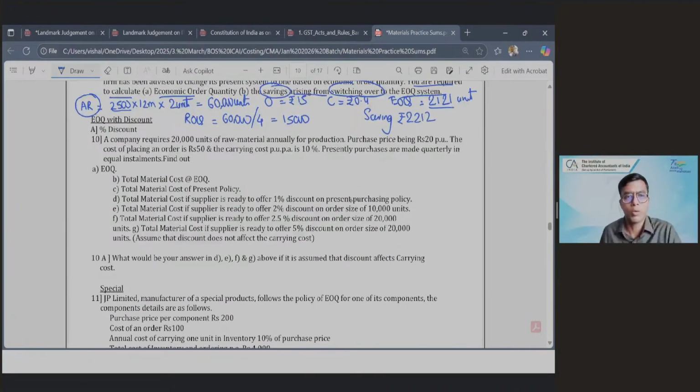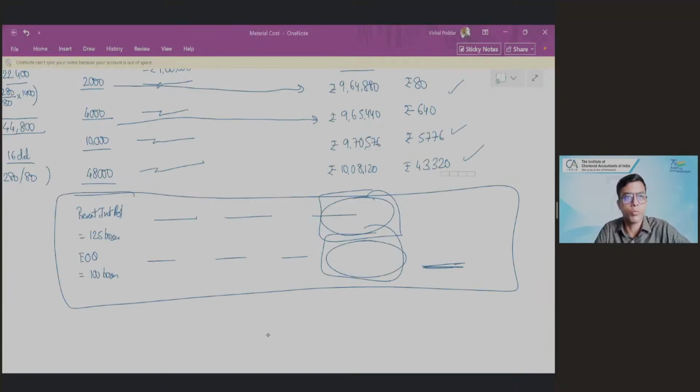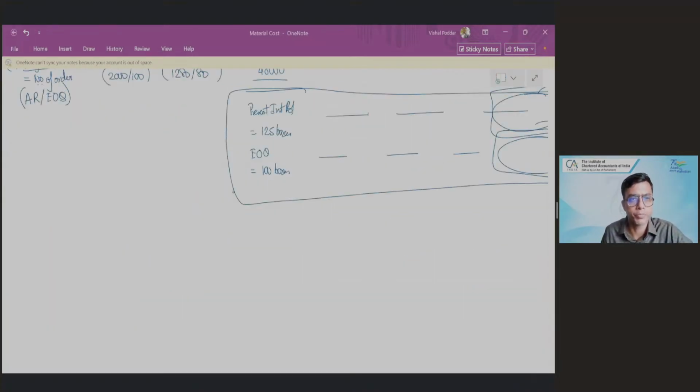Now we go to an important part in EOQ, which, at least as per me, I call EOQ with discount. Now this EOQ with discount is important because it has important questions and important conceptual application. Now, what is EOQ with discount?